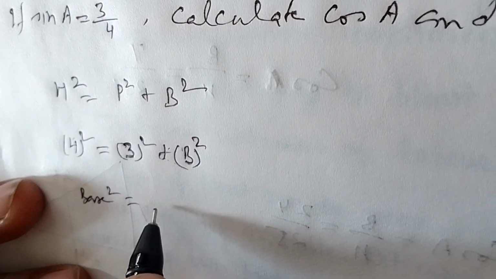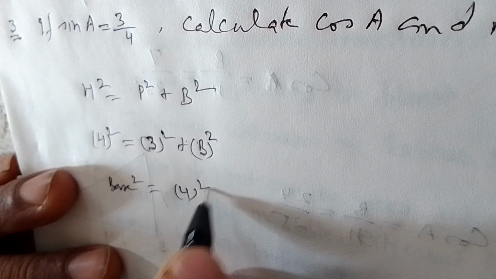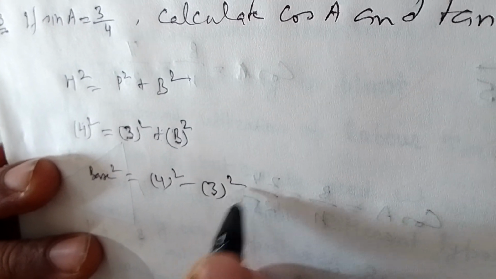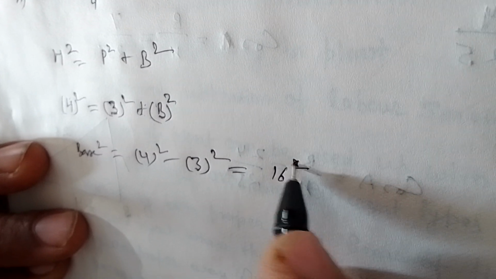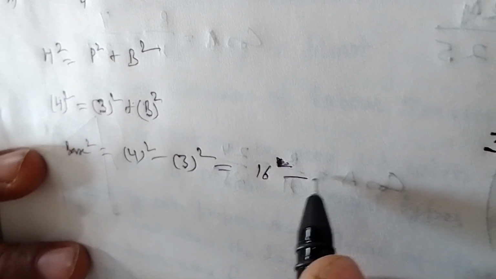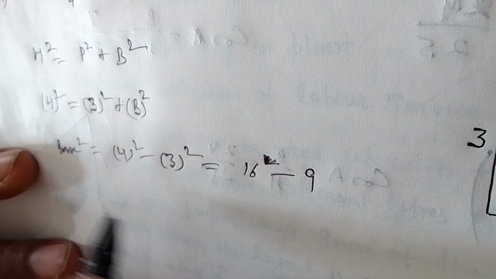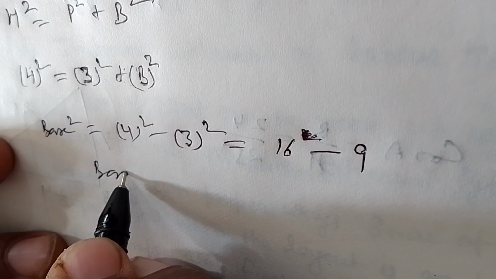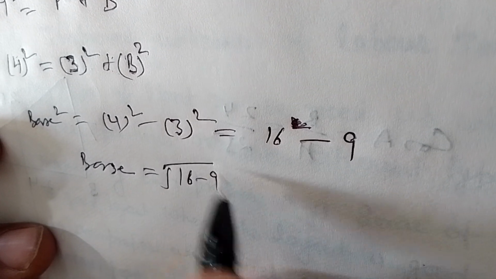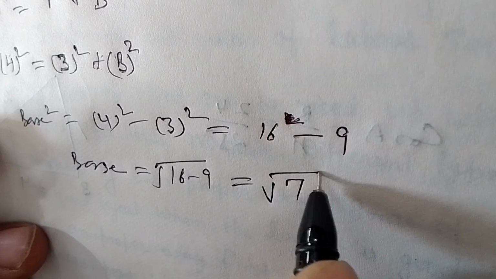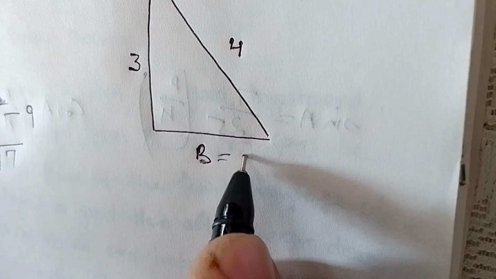It becomes 4 square minus 3 square. It is 16 minus 3 3s are 9. So base comes out to be under root 16 minus 9, under root 7. So the base value comes out to be under root 7.